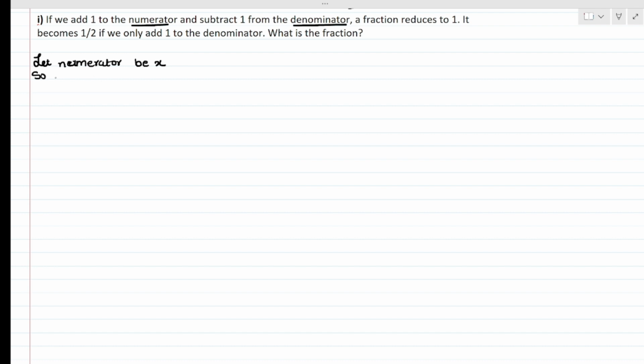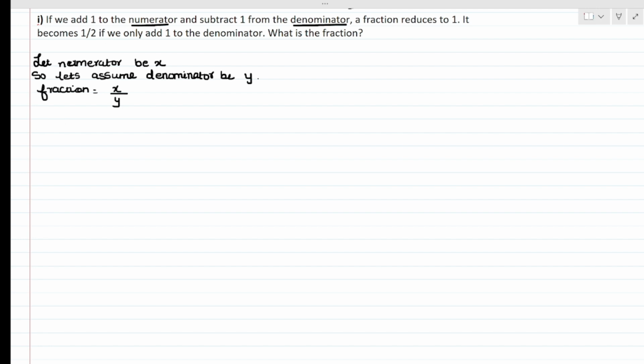As we know, the numerator always stays up, so our fraction will be x upon y, with the denominator y below.